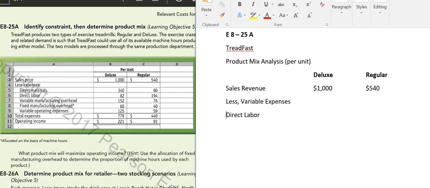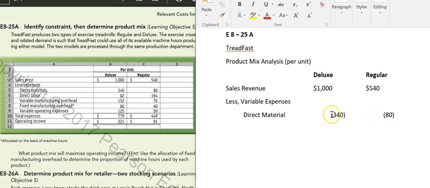For the first variable expense, we have direct material, and you see from this table, for the deluxe one it's $340. The regular one is $80. So subtract $80. I apologize, it's actually direct material, not labor.